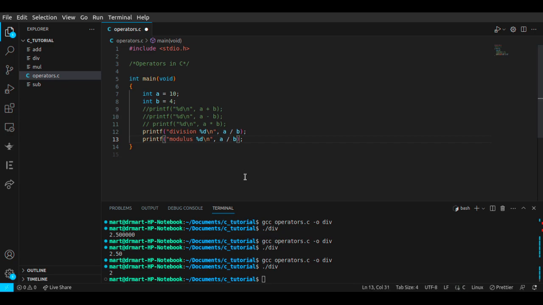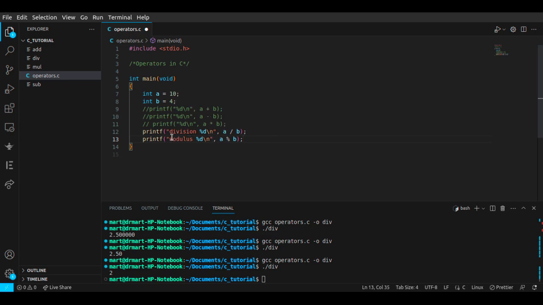So for the modulus, use this percentage sign. The explanation of the modulus is that it is going to give you the remainder after successfully dividing your left operand by your right operand. So it's going to give you the remainder.